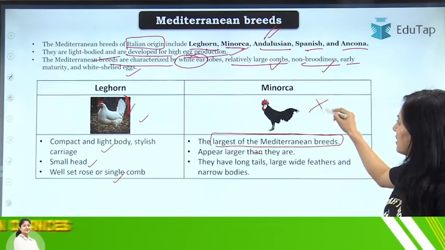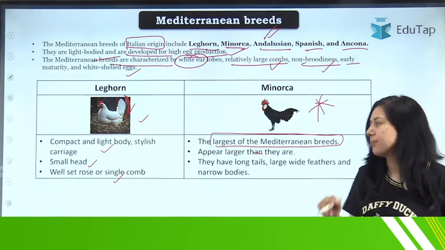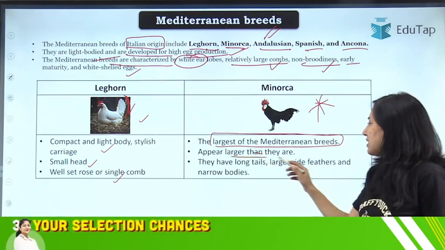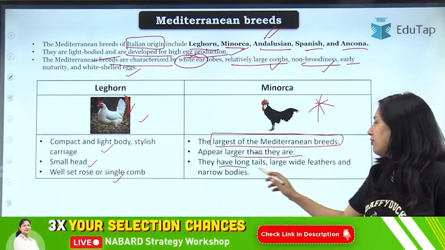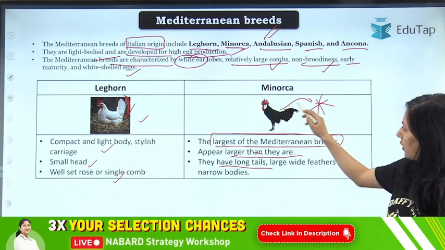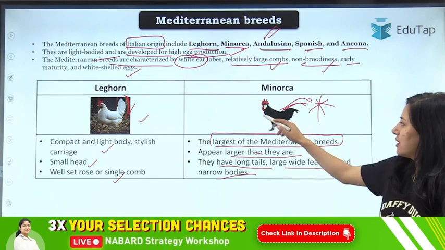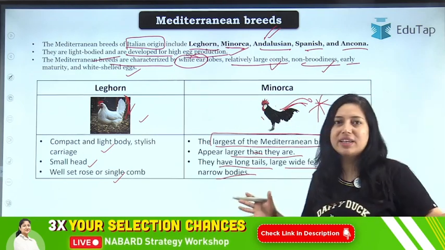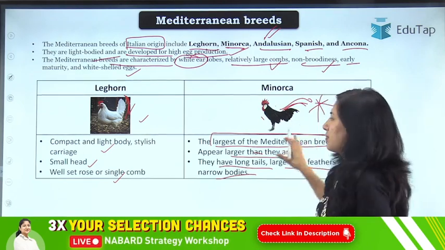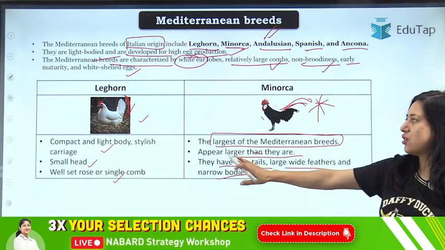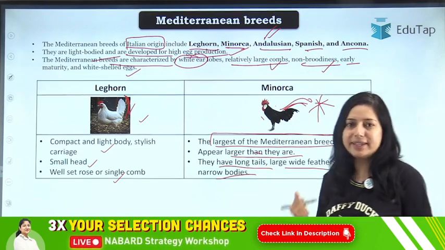Very important. Which is the largest Mediterranean breed? That is Minorca. Clear? Then they appear larger than they are, and they have long tails. As you can see, it has a long tail and large white feathers and narrow body. You can see the body is narrow, but the feathers are very large and have the long tail. Clear? So that was about the characteristics of Leghorn and Minorca under the Mediterranean breeds.